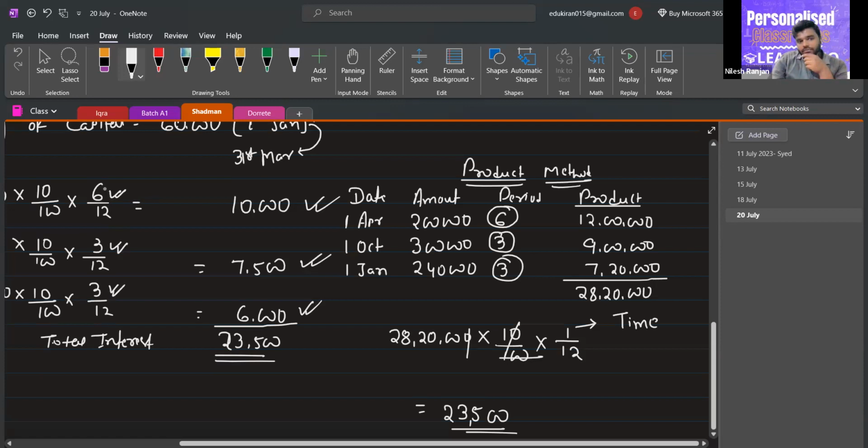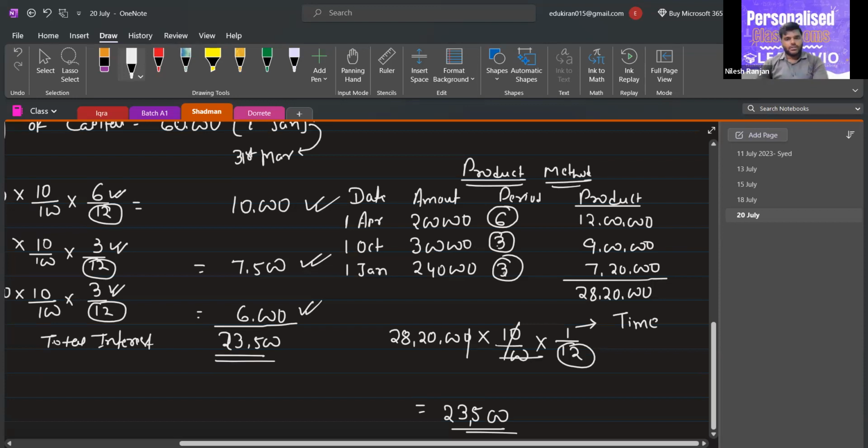So we have multiplied 6, 3, 3 here in the table. What is left here? Only 12. Every formula has 12 left, so we have written 12 here. This 6, 3, 3 is used in the table, that's why we didn't write it again here. We multiplied 2 lakh into 6, 3 lakh into 3, 2,40,000 into 3.